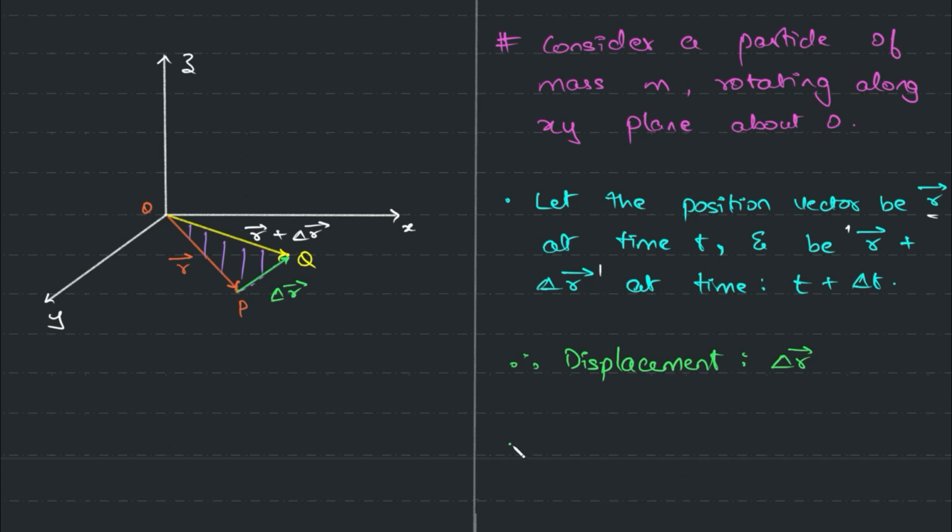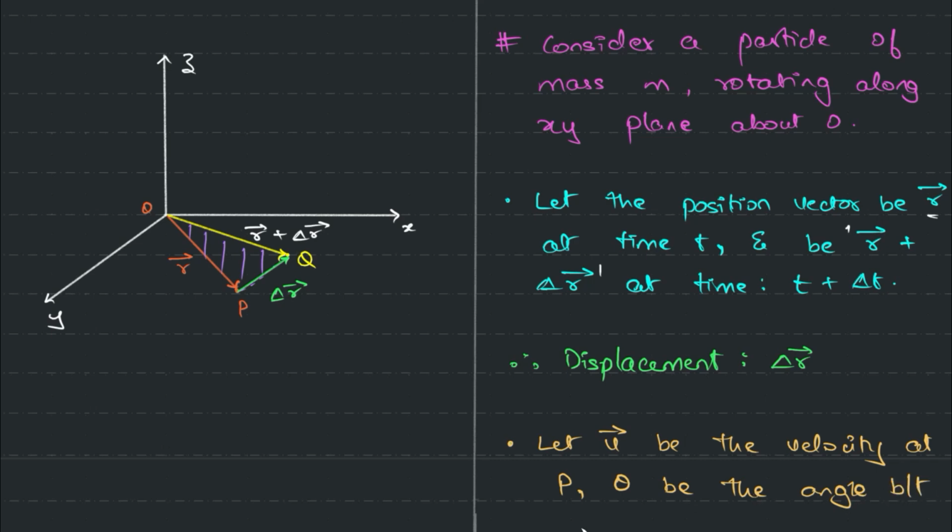Then let's consider v be the velocity at P, right? It should have a velocity at P, and theta be the angle between r and v.